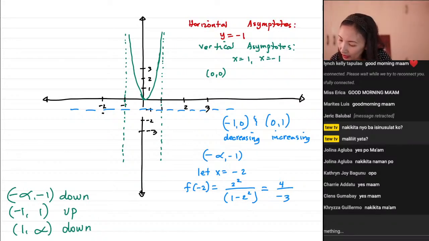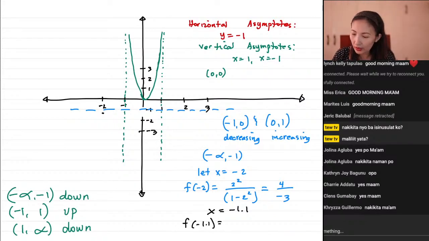Let's try a value very close to negative 1. Let's say negative 1.1. What about at x equal to negative 1.1? What will f of negative 1.1 be? Okay, so again, from the original function, negative 1.1 squared is 1.21, over 1 minus 1.21, which is negative 0.21.